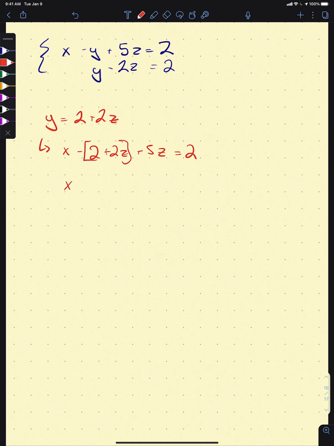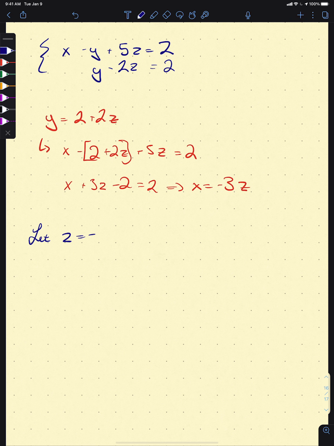So when we expand this out, we're going to get x plus 3z minus 2 equals 2, or x equals negative 3z. Okay, so now we have our values of x and y in terms of z, right? Just like in the last lecture, or the last part, we had our value of y in terms of x, okay? So now we're going to go through sort of the same idea.